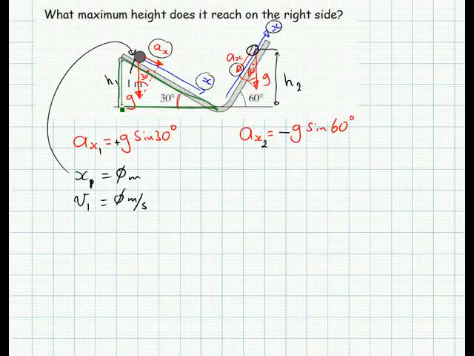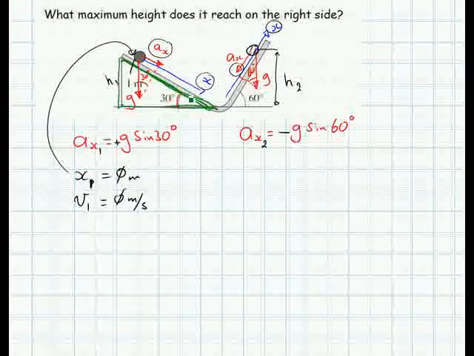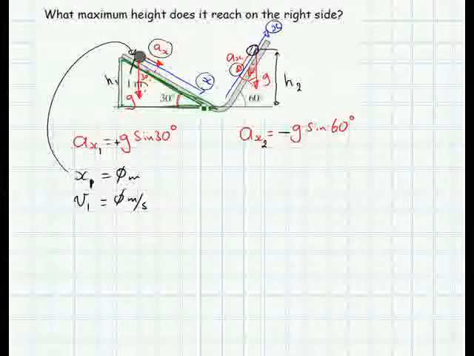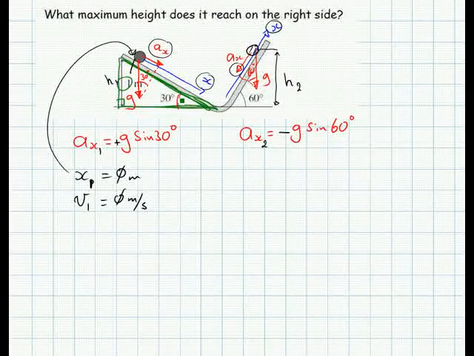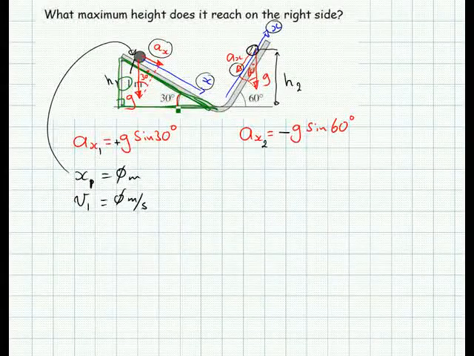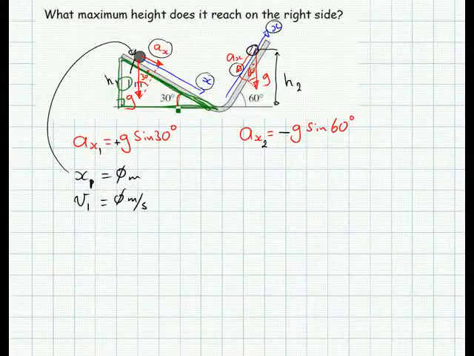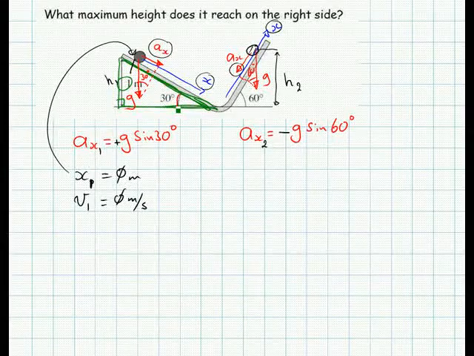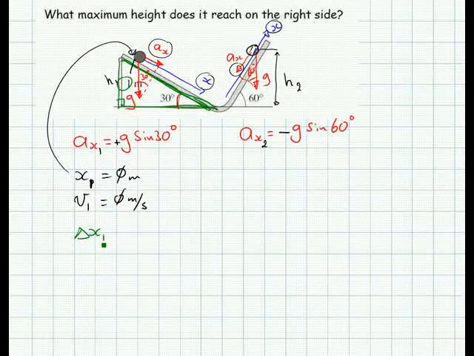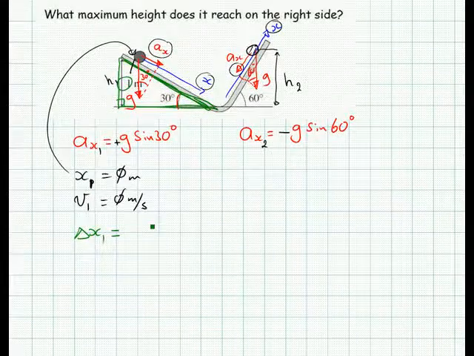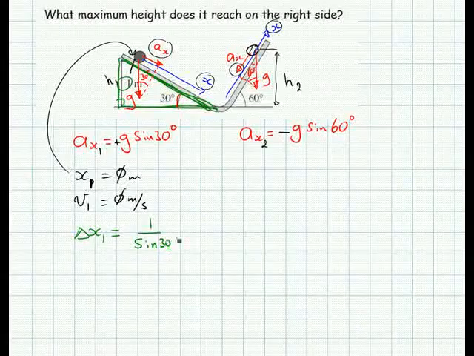It's a right angle triangle which has a side of 1 meter and an angle of 30 degrees, which means the hypotenuse, the total displacement on the way down, delta x1, is equal to 1 divided by sine of 30 degrees.